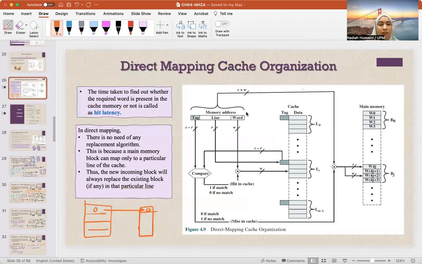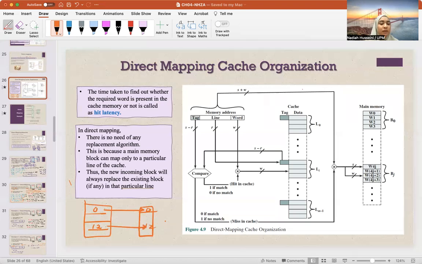Because it follows this equation, there's no playing around. It's not flexible. Therefore, there's no need for the replacement algorithm, because I know exactly how my cache needs to be replaced. If it's not there, that's fine. I just ask the main memory. Let's say I need the memory from block number 12. I know block number 12 will be mapped onto cache line number 12. I don't need an algorithm to decide on that.